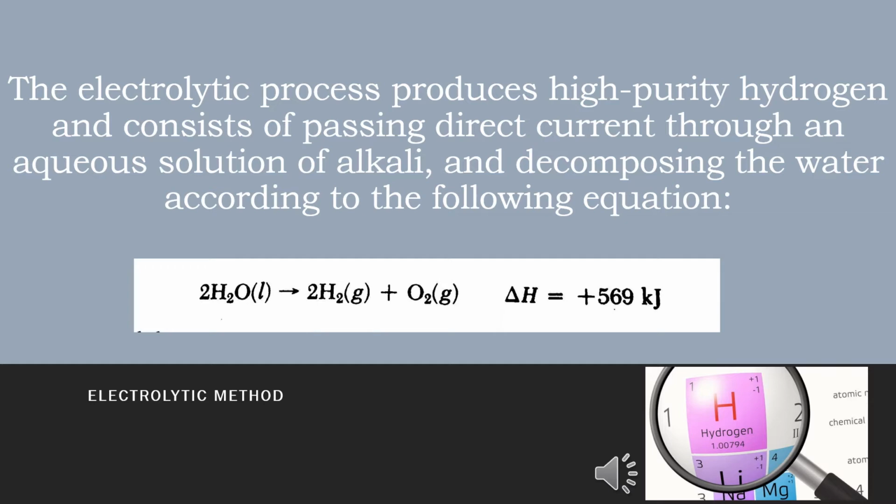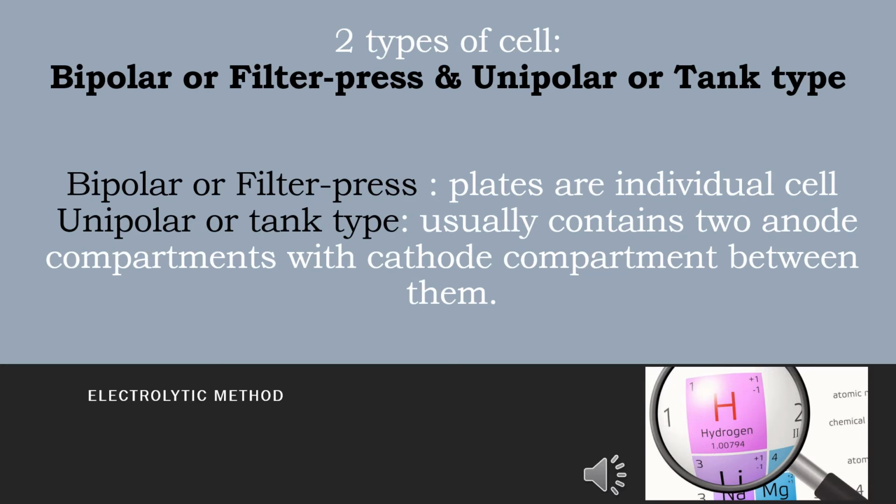The cells are of two types. So we have here the two types of cell. First is the bipolar or filter press type, and the second one is the unipolar or tank type. The bipolar or filter press type is where each plate is an individual cell, and the unipolar or tank type usually contains two anode compartments with a cathode compartment between them.